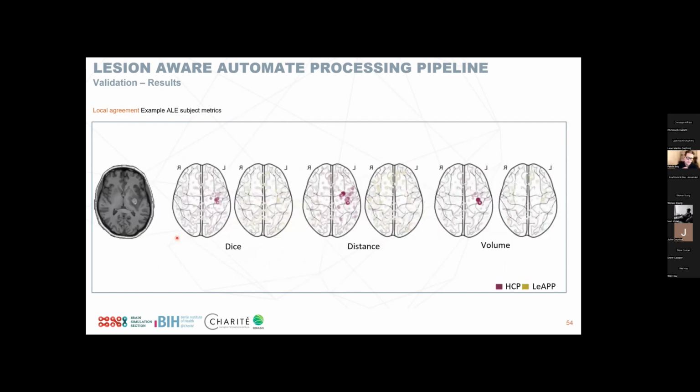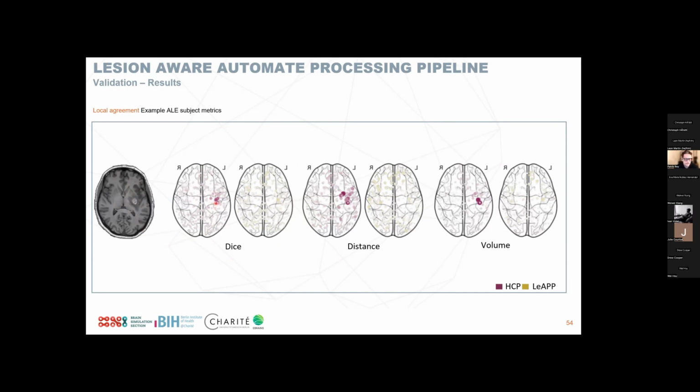So what does this mean for the individual subject? Maybe we can grasp this a little bit better. If we think about the subject again, where we imputed this lesion right here, and then look at the local distribution of the dice score for each of those regions, in this case, white means a dice score of 1, so there's no difference, and dark purple means a very low dice score, which means a very low agreement, which means strong differences.